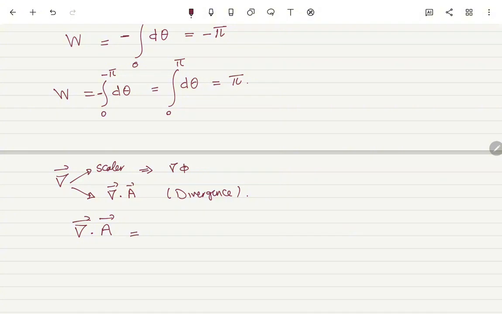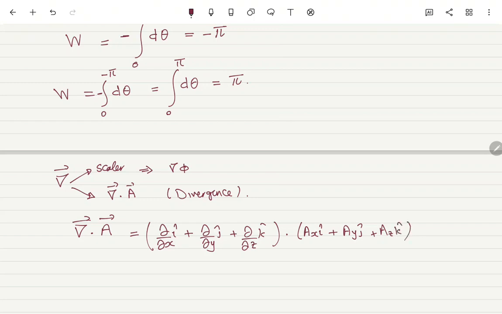It's equal to partial x i hat, partial y j hat, plus partial z k hat. This is the del operator, dot A as a vector, Ax i hat, Ay j hat, Az k hat.